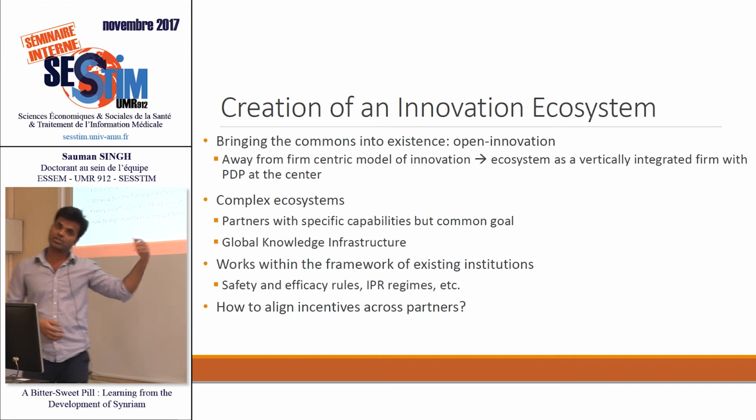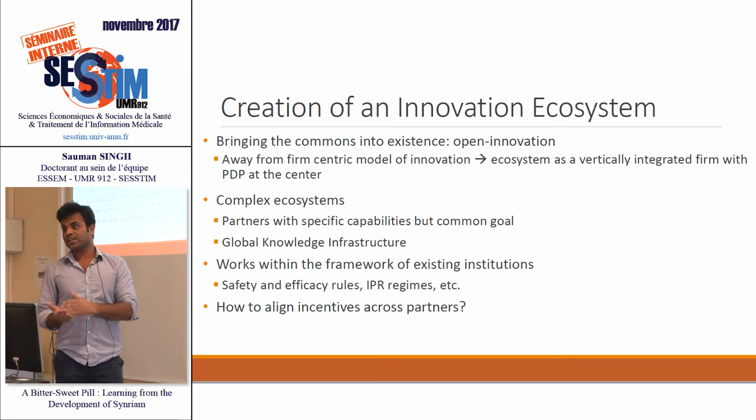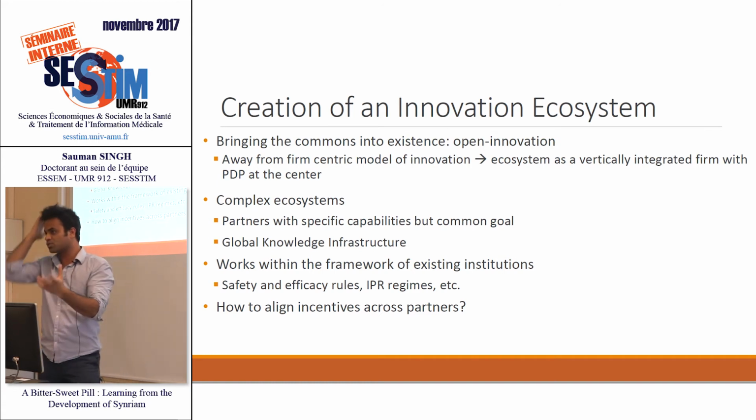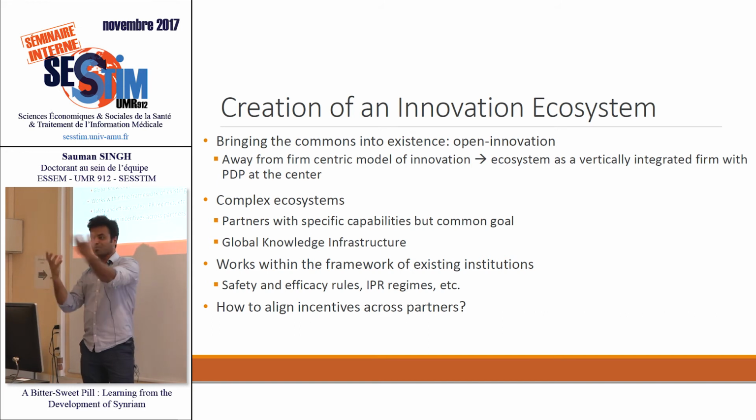But as we have seen earlier, MMV, Medicines for Malaria Venture, has 47 projects. It means 47 innovation ecosystems, and it is distributed throughout the world. So it becomes very complex. And then you have to see that there is not one PDP. There are more than 20 PDPs currently active.